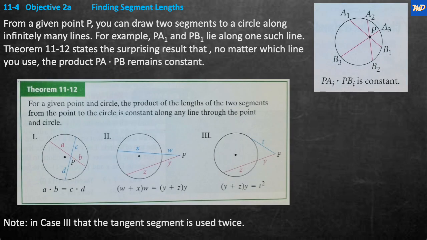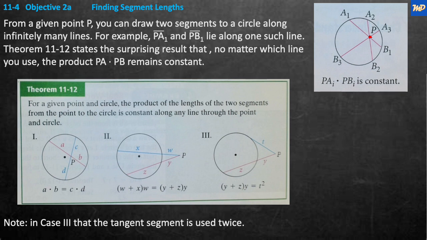Okay, objective 2A, finding segment lengths. From a given point P, you see P right now is over here, inside of our circle. Point P is right here inside the circle. You can draw two segments to a circle along infinitely many lines. So from P, you can see there's PA3 and PB3, PA1, PB1, right?